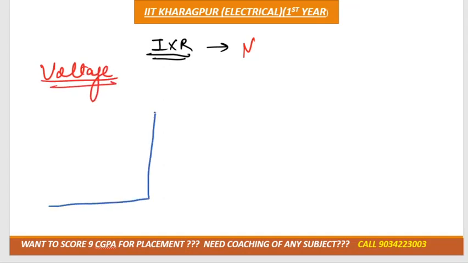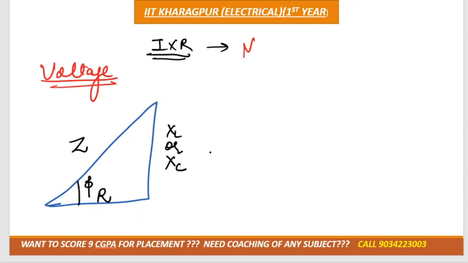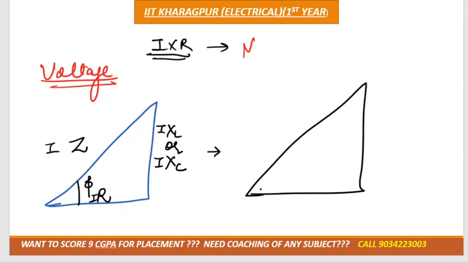You remember the impedance triangle now? One side is resistance, this one is XL or XC, this one is Z, this one is phi. Correct? Now if I multiply current with all the terms, then it will become a voltage triangle. Yes or no?